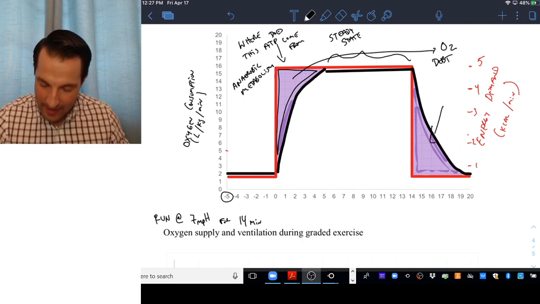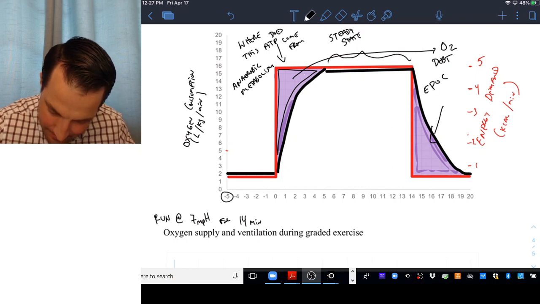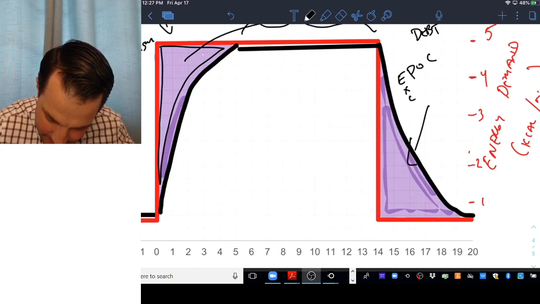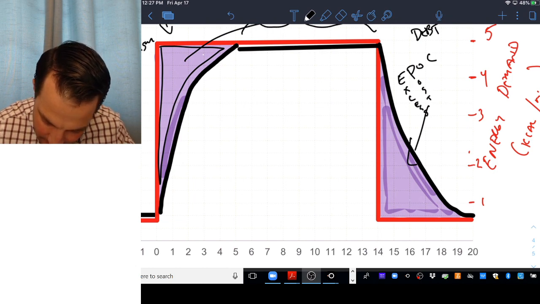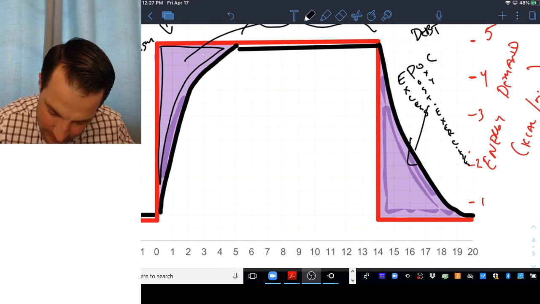So this area right here is called our EPOC. And that stands for excess post exercise oxygen consumption.